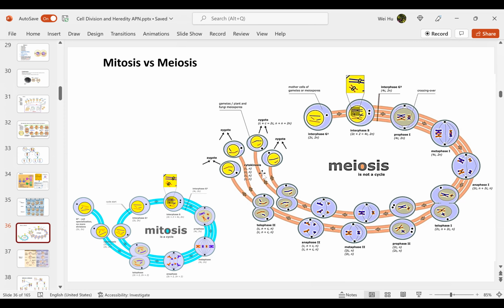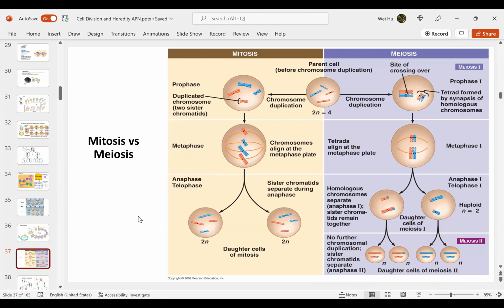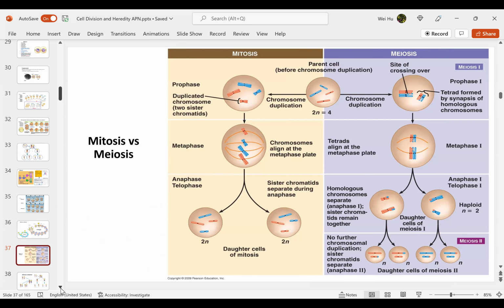They are not identical. What's in common for those 2 divisions? Interphase. Interphase is the same process. So you have to check G1, you go to S, replicate your DNA, you go to G2, you check again. Okay, good. So this is a picture to help you do revision. So you can do this later.